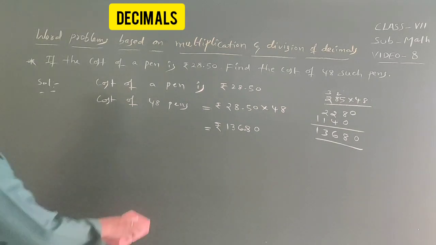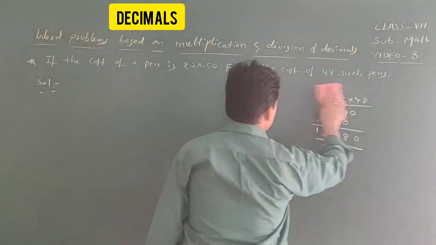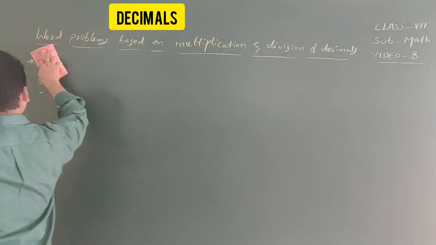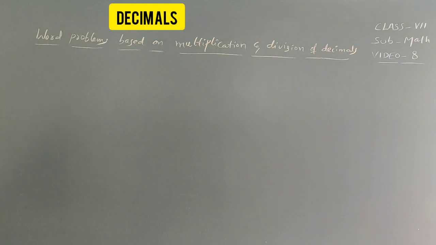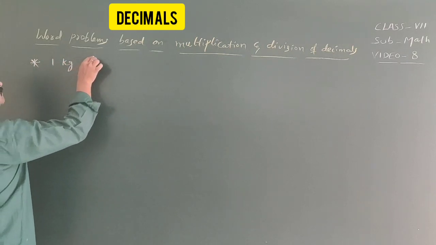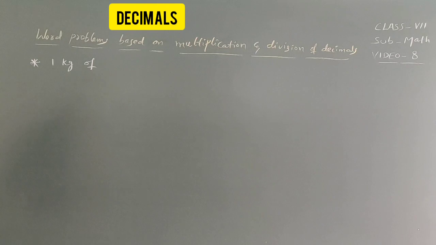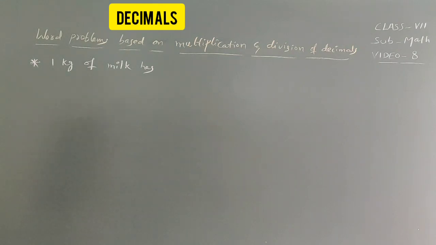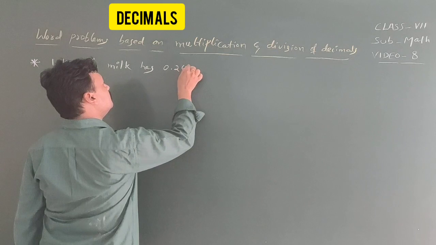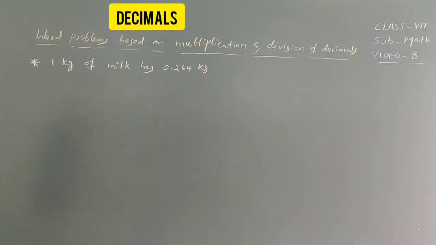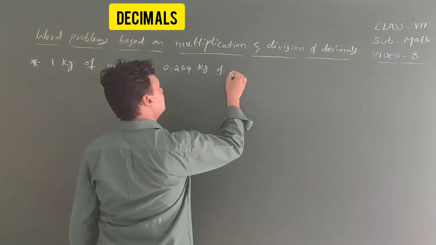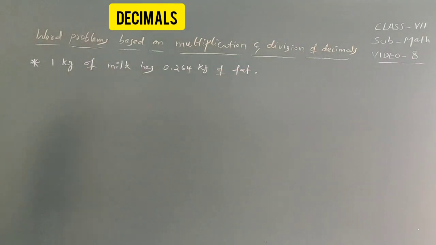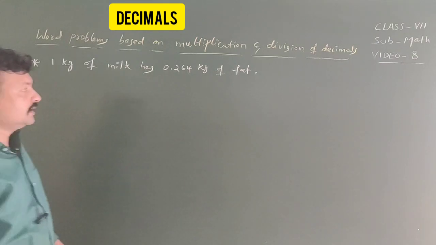Next word problem. 1 kg of milk has 0.264 kg fat.